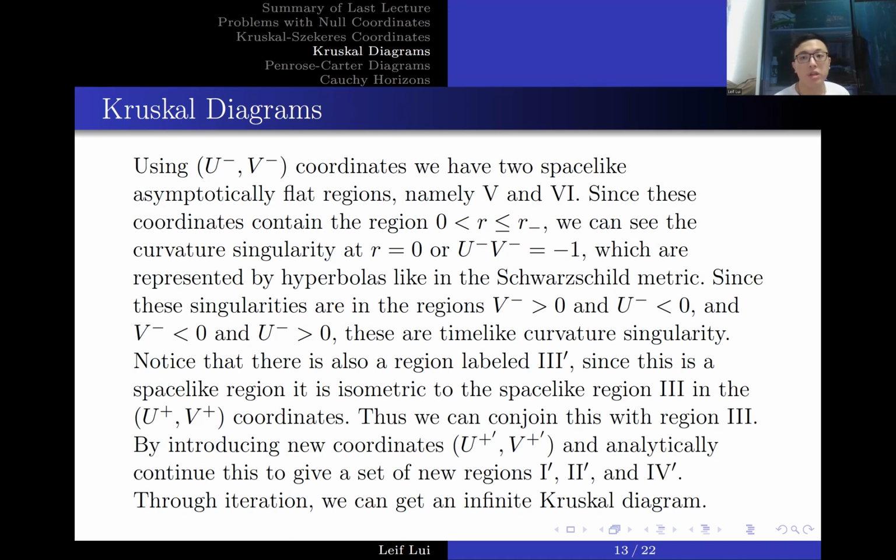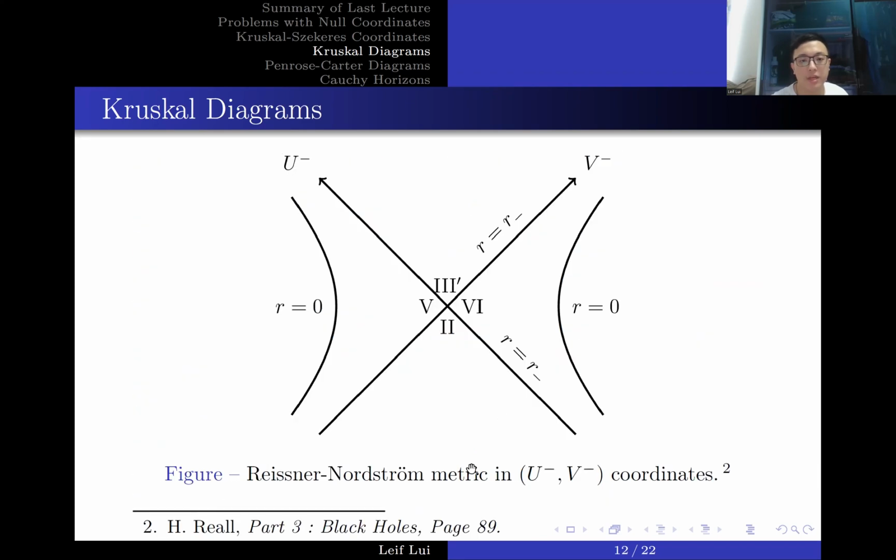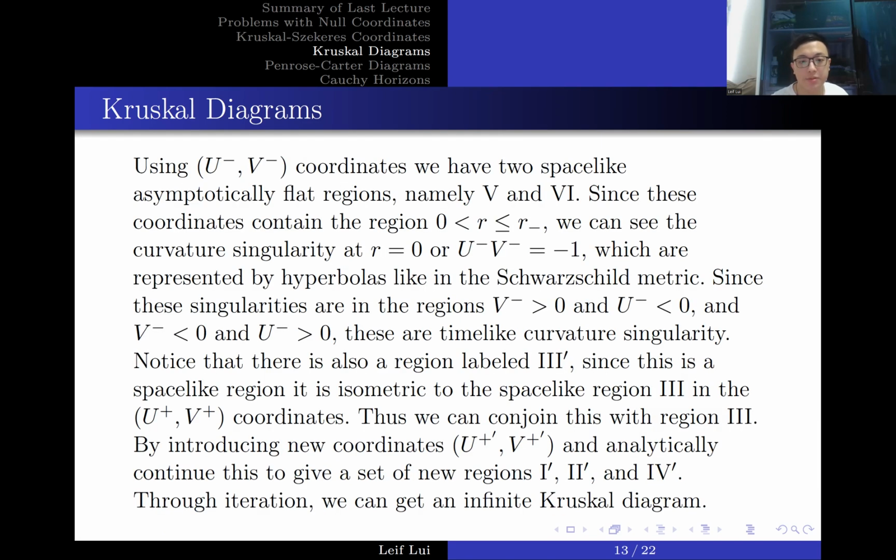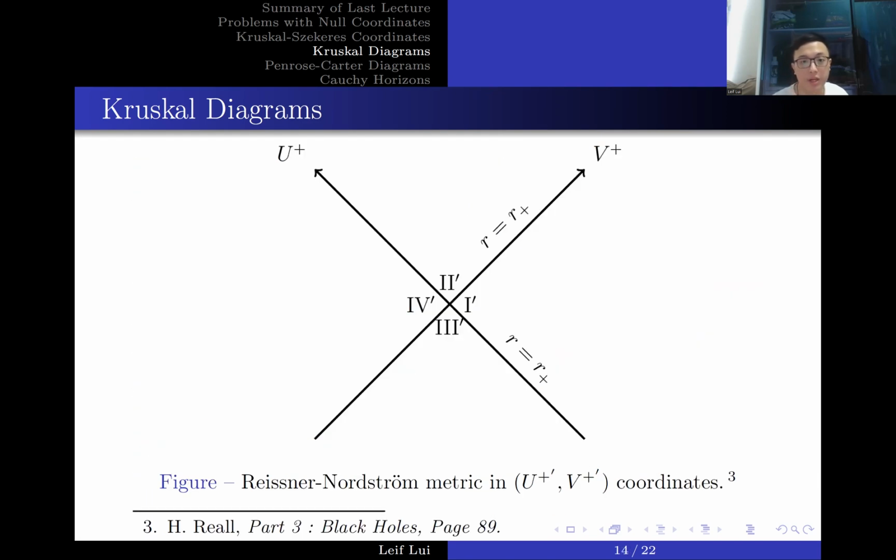We can introduce new coordinates, namely u plus prime and v plus prime, and analytically continue this to give a new set of regions, 1 prime, 2 prime, and 3 prime. And through iteration, we can get an infinite Kruskal diagram. Let me mention before, I obtained this figure from Rial's lecture notes on page 89, and this one on the same page, page 89.